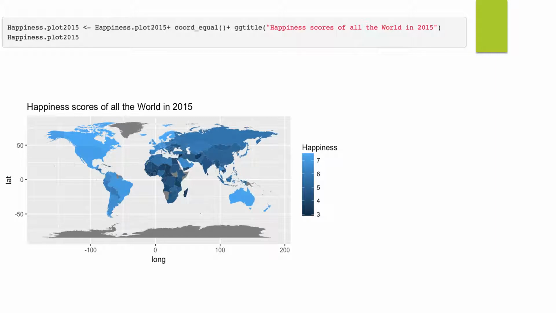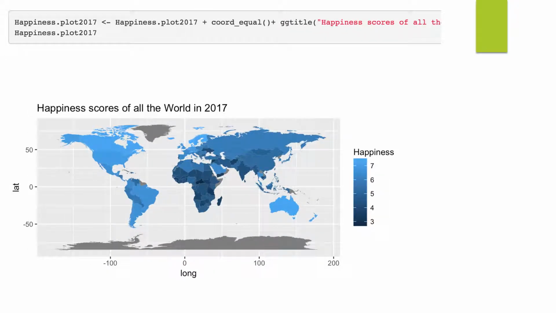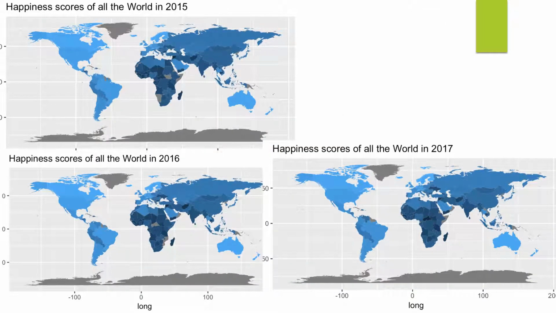The first graph is the happiness score in 2015. Here is another year, here is 2017. Here are the 3 maps in different years.